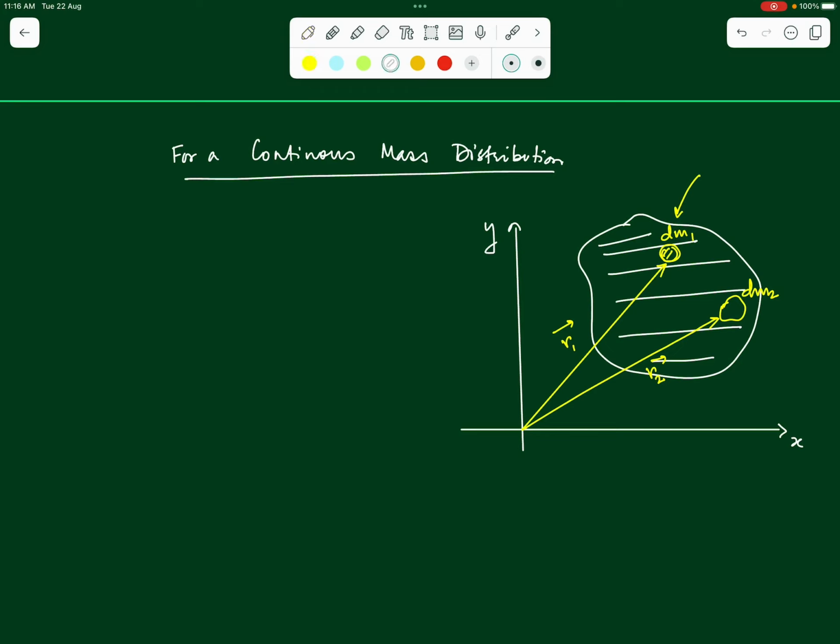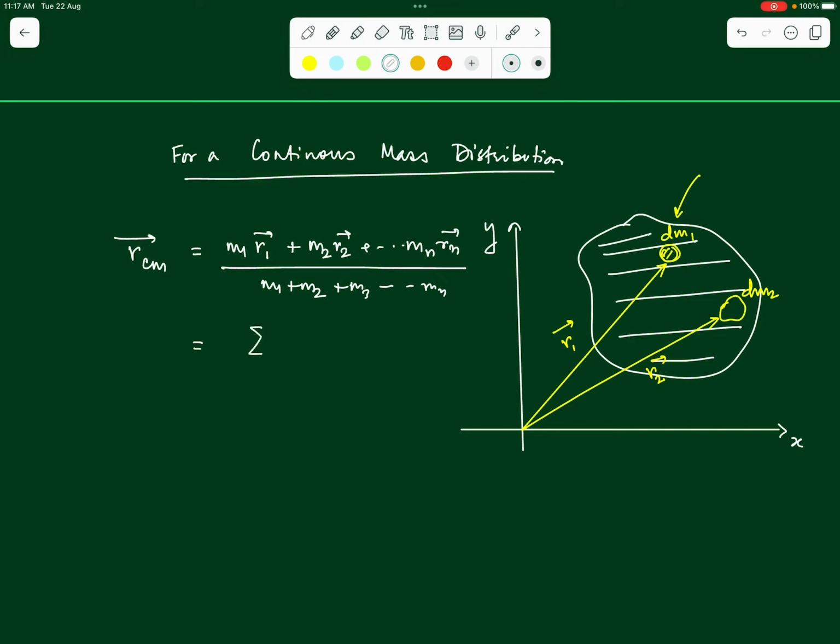So what we do is we start with our defining equation for center of mass, which we have written above. It is m1 r1 plus m2 r2 plus so on up till mn rn divided by m1 plus m2 plus m3 and so on up till mn, which we have written as summation of mi ri, where i runs from 1 to n, divided by summation of mi, where i once again runs from 1 to n.